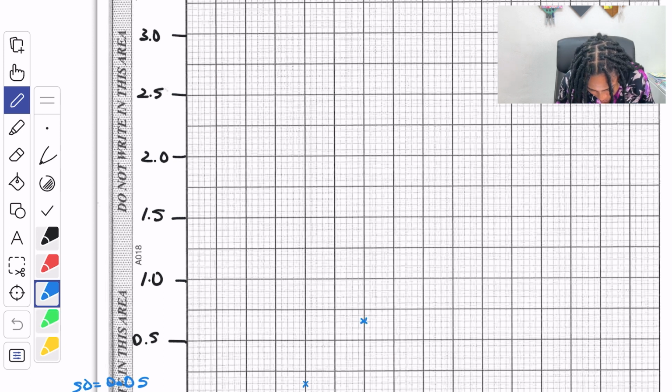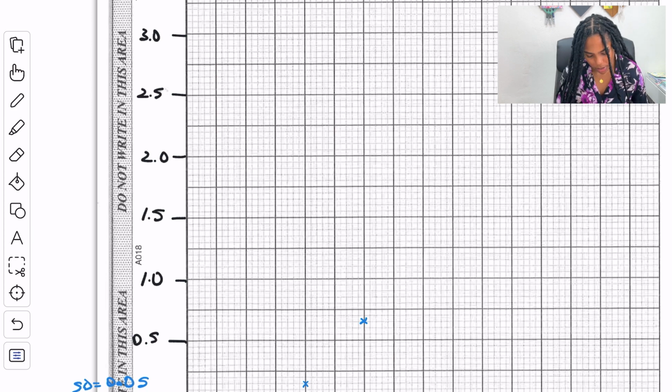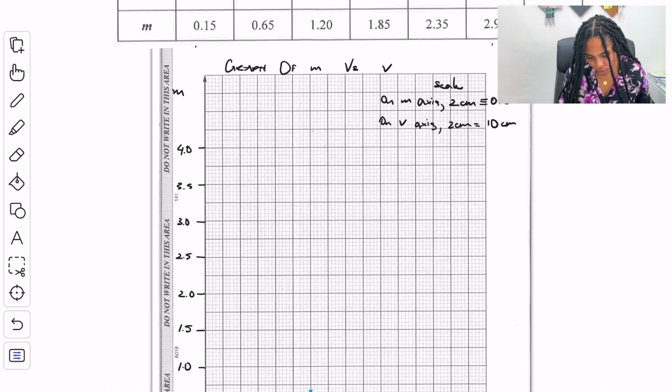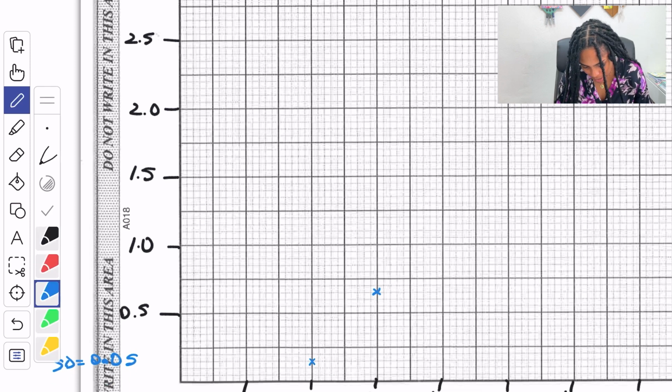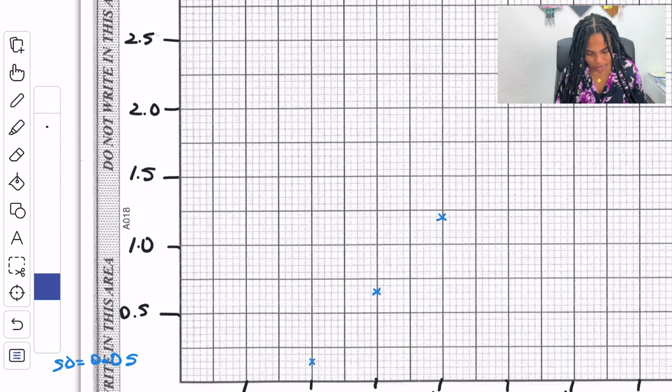It kind of looks like here. Then I have a 40 and a 1.2. So 40, and I'll have 1, 1.05, 1.1, 1.15, 1.2. So that's here.